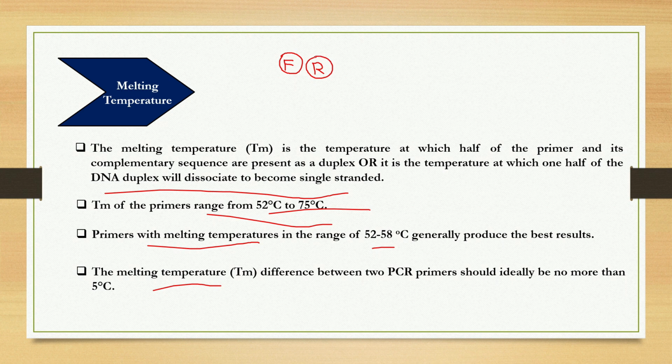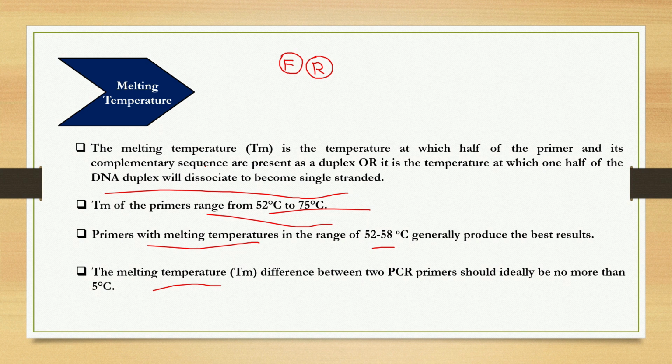Why am I saying this? Because at the start of this video, I explained the different temperature gradients we use in PCR amplification. Okay, a particular range of temperature we can use.